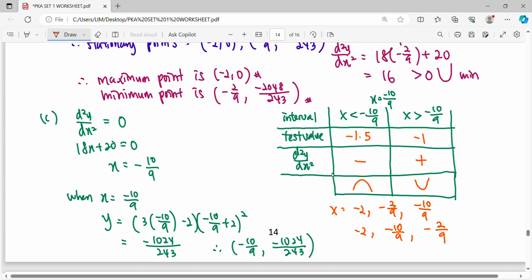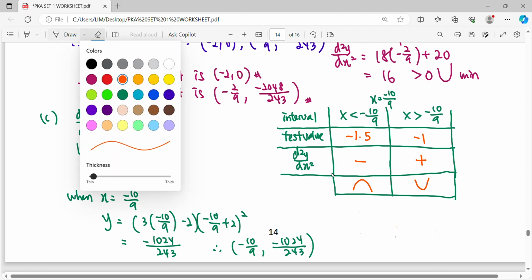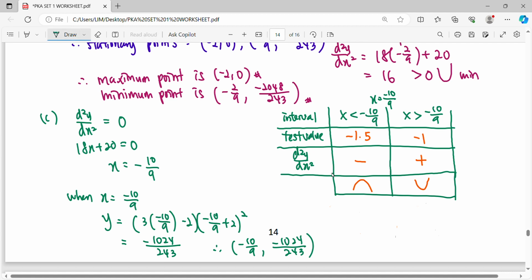Alright, so from here we can conclude this point is an inflection point.